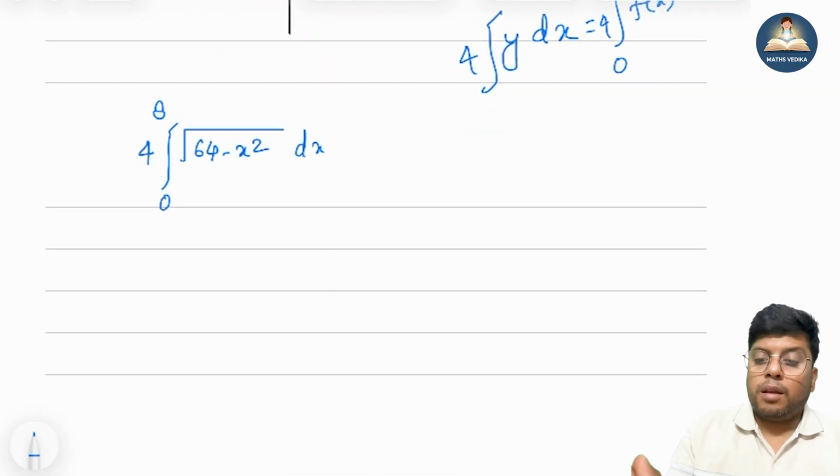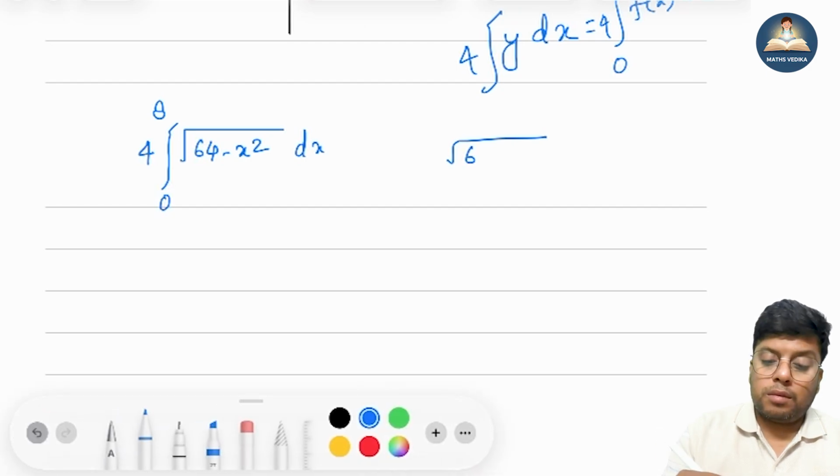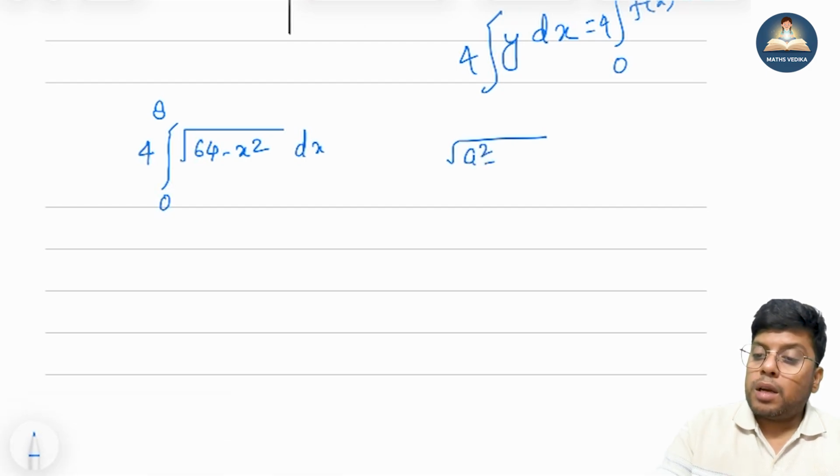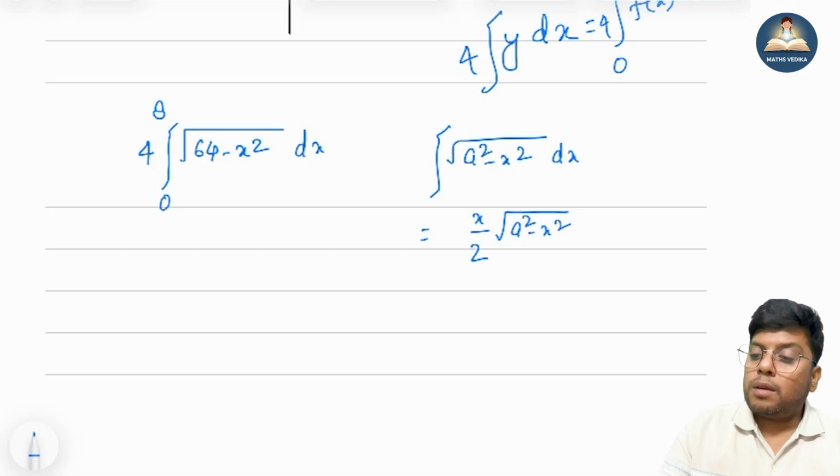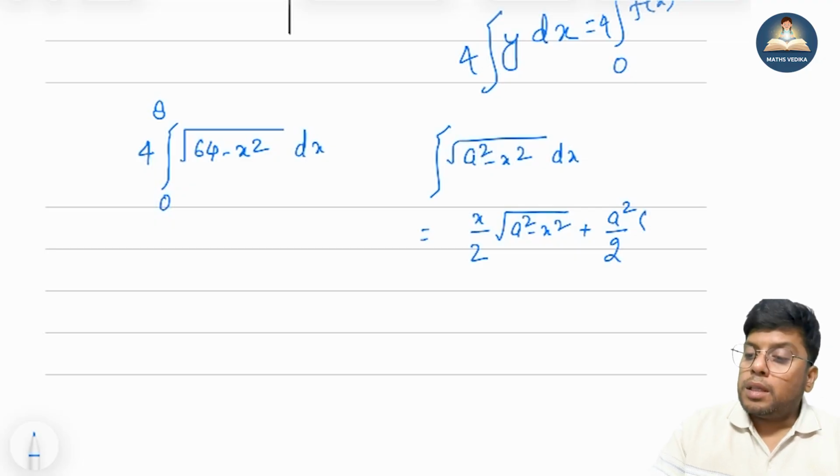We know the formula for the integration of root under a square minus x square dx is equal to x by 2 root under a square minus x square plus a square by 2 sine inverse x by a.